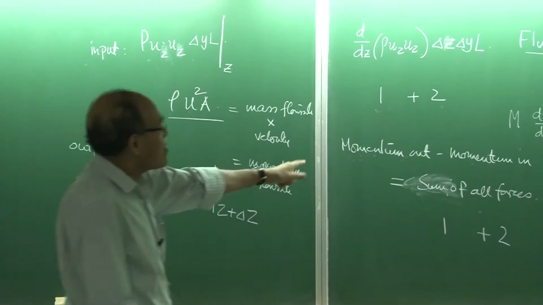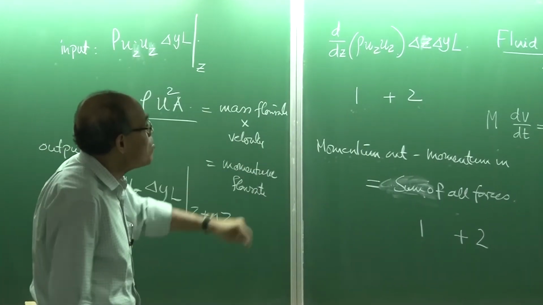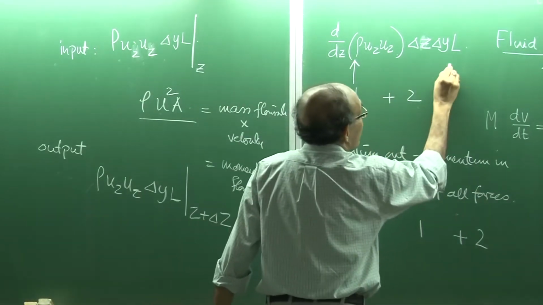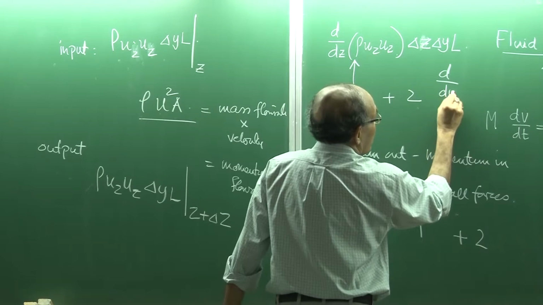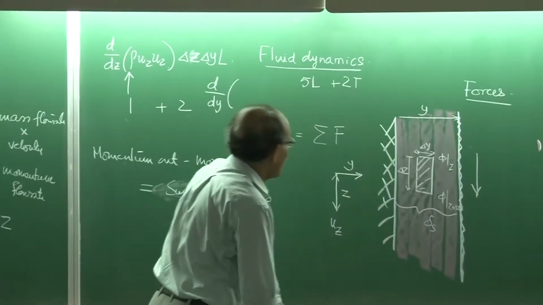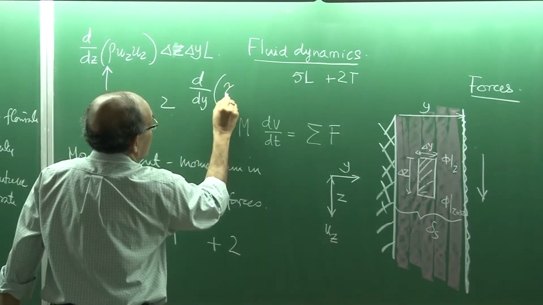Similarly, if you do the same exercise, we will get the second term. This is the first term, and the second term similarly I am going to get the shear stress, because we are talking about the momentum transport along the y direction through shearing action. So I will say that this is going to be now tau_yx.